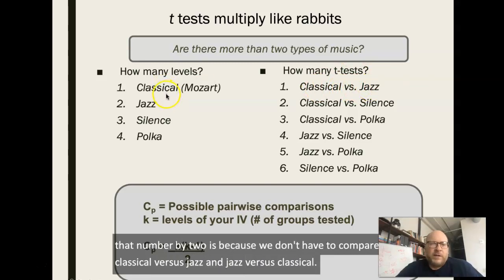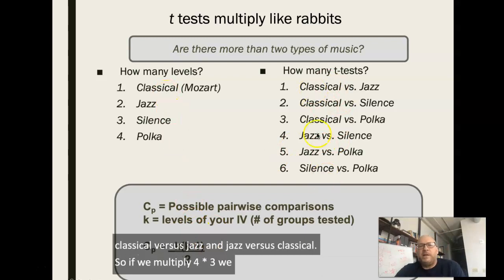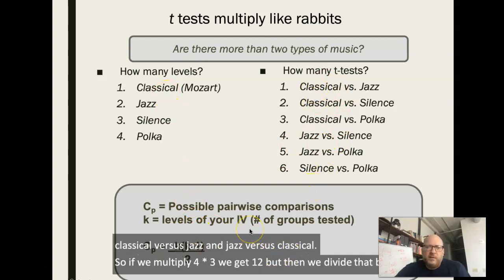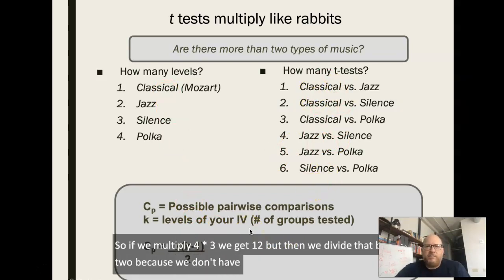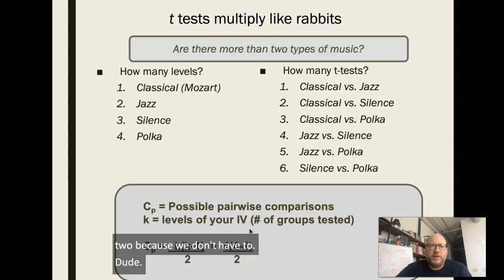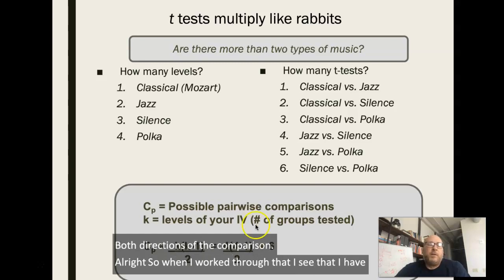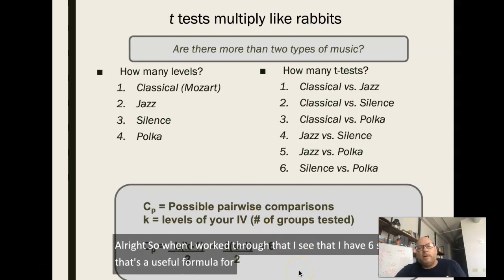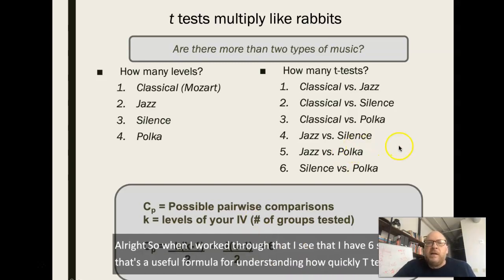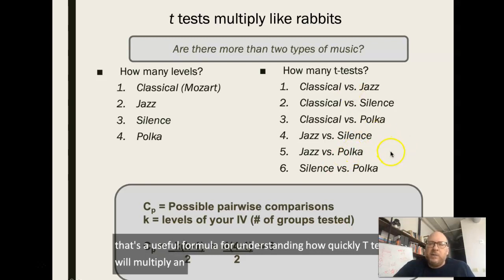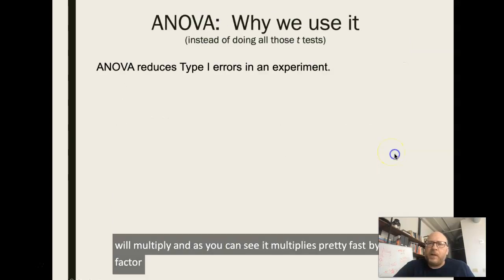So if we multiply 4 times 3, we get 12, but then we divide that by 2 because we don't have to do both directions of the comparison. When I work through that, I see that I have 6. So that's a useful formula for understanding how quickly t-tests will multiply. And as you can see, it multiplies pretty fast by a factor of degrees of freedom.